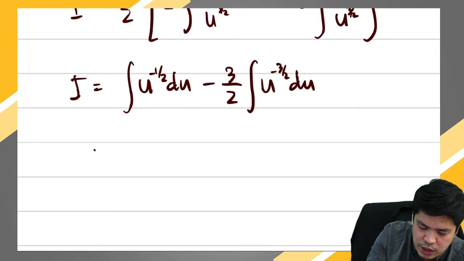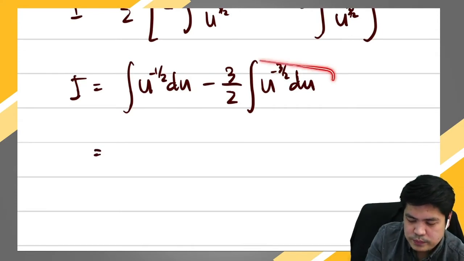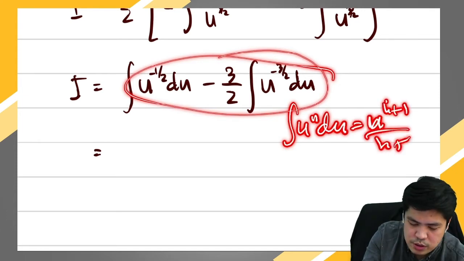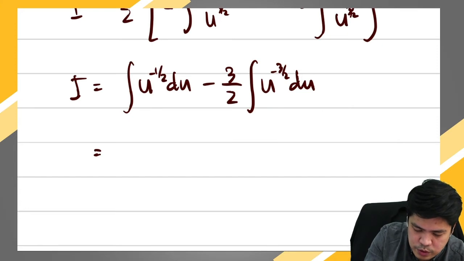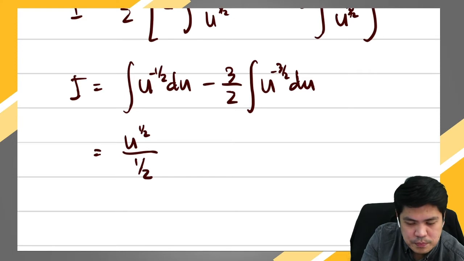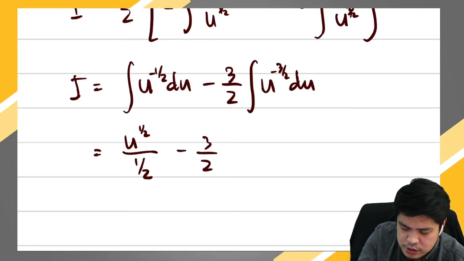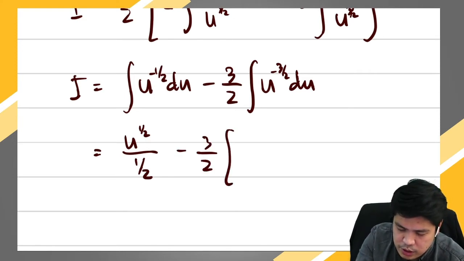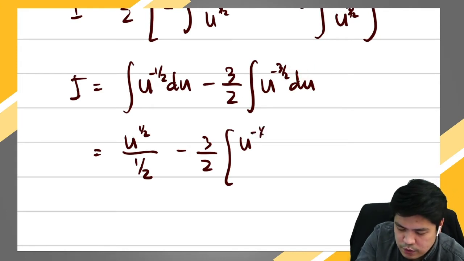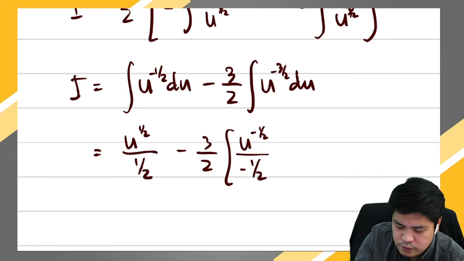So therefore, I is equal to, by the formula, the integral of u raised to n du, which is equal to u raised to n plus 1 over n plus 1. So we have u raised to 1 half over 1 half, minus 3 times u raised to, if we add 1, negative 1 half, over negative 1 half.